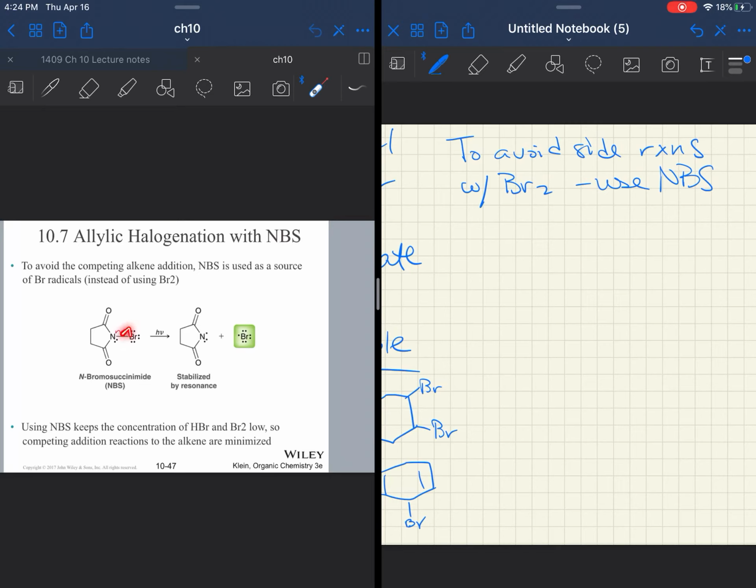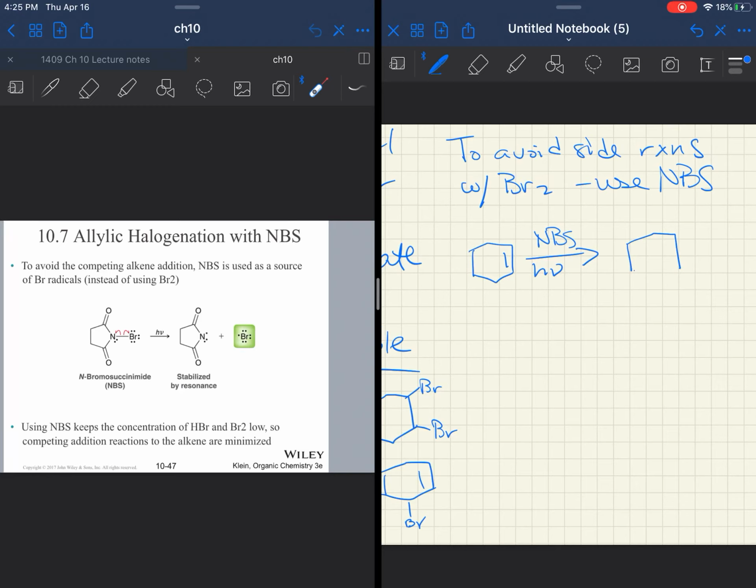It can be initiated with light, just like Br2, and it can produce bromine radicals, which can then go on to those propagation steps. So using NBS and light works the same way as Br2. It just does not mess with your double bond.